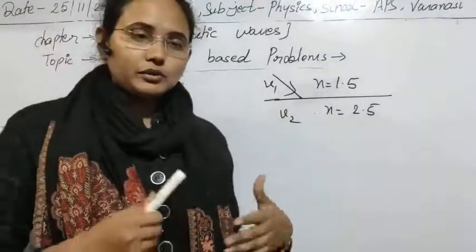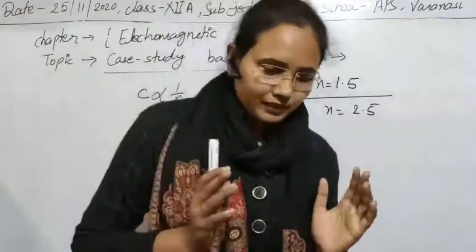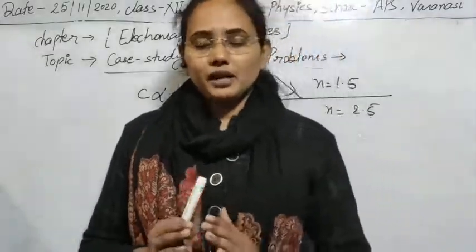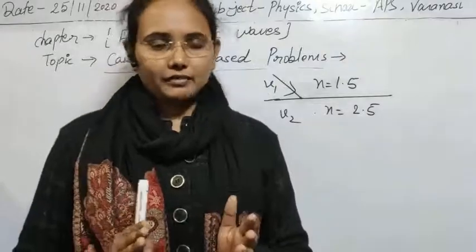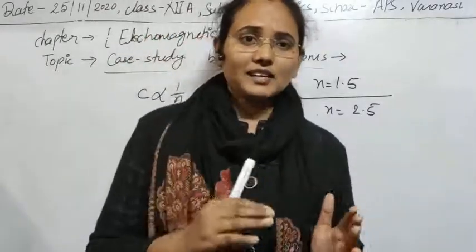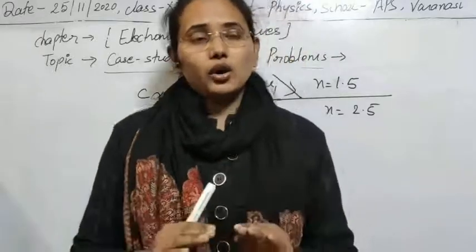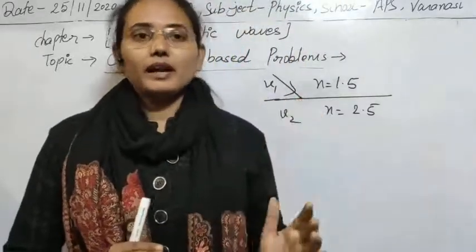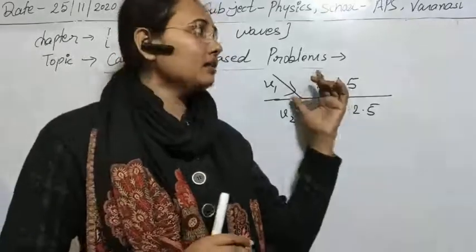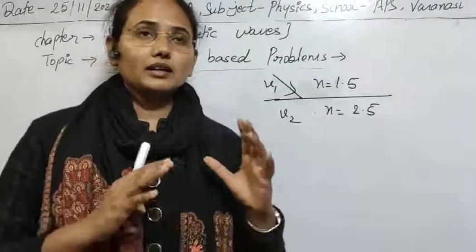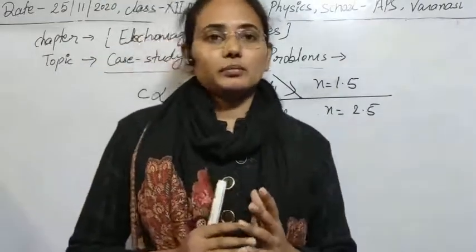As I've told you already, you have studied the whole property of light waves, like interference, diffraction, refraction and reflection, and all these laws are equally applicable to all electromagnetic waves. So here we are talking about the general case for electromagnetic waves.